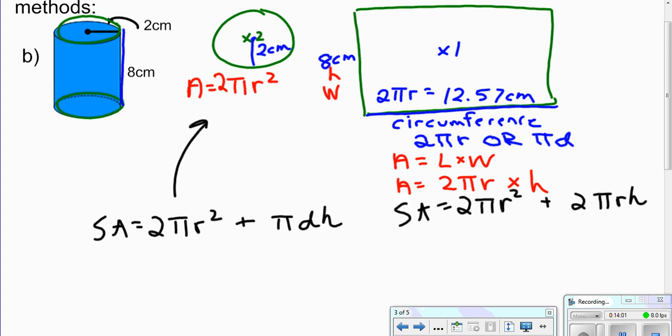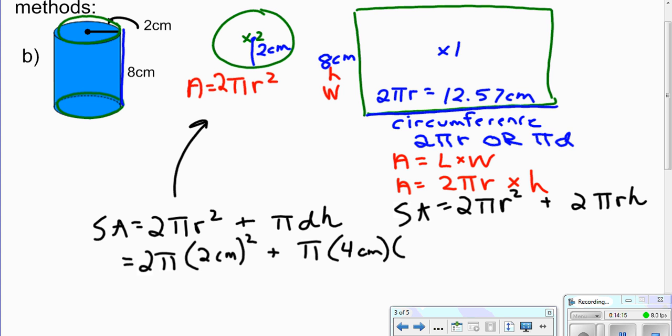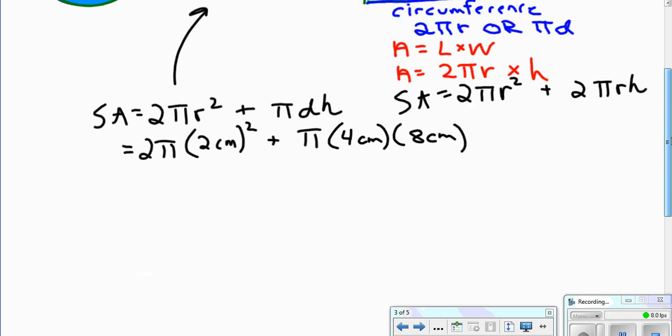So we just fill in 2 pi times 2 centimeters squared plus pi times diameter, which is 4 centimeters, times the height of the cylinder, which is 8 centimeters. Following our order of operations, we are going to complete our exponents before we do anything else.